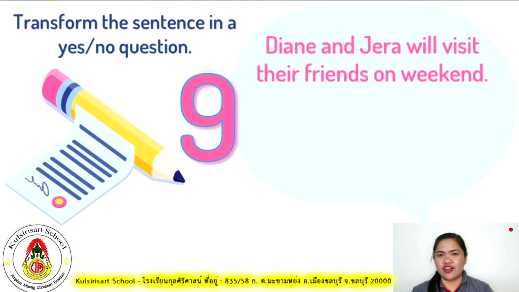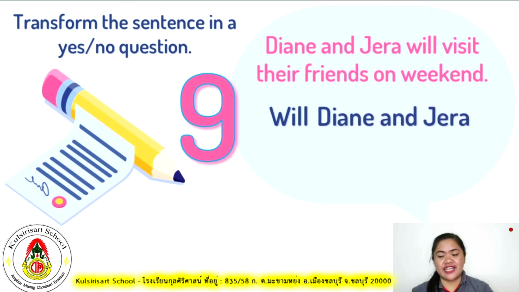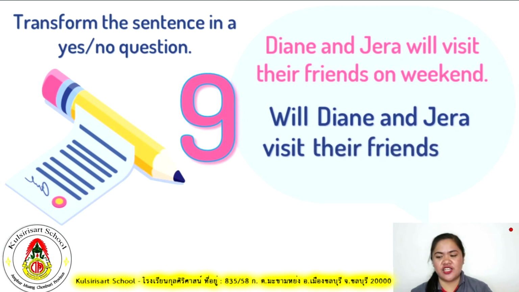Diane and Jera will visit their friends on weekend. Now, what will be the yes or no question for that? Okay, this will become will and then the subject, Diane and Jera, plus the verb visit and the continuation, plus, do not forget, question mark.